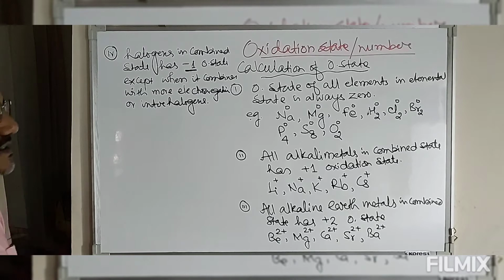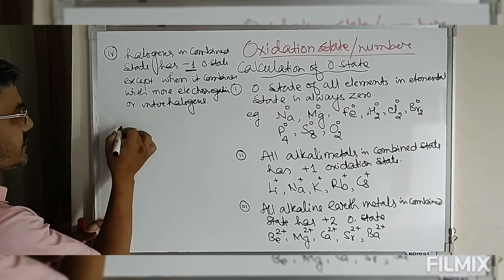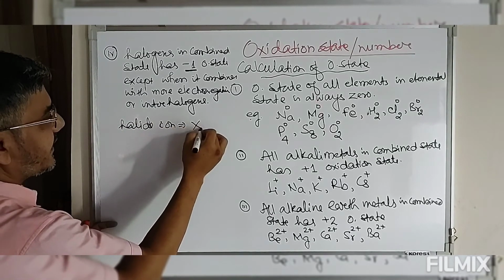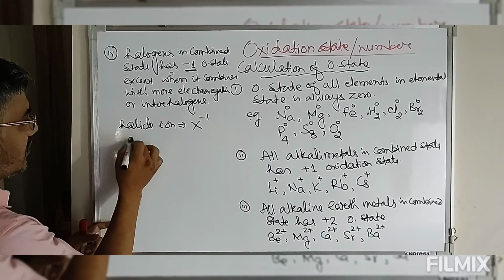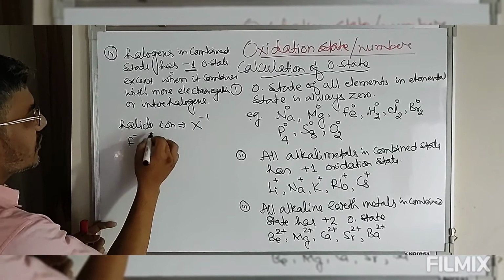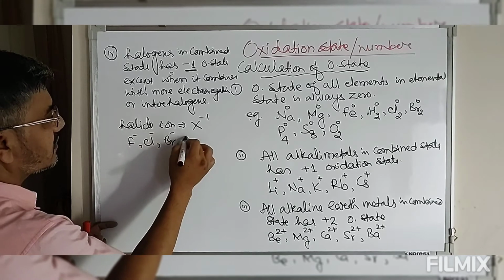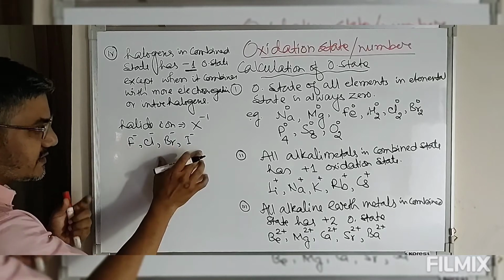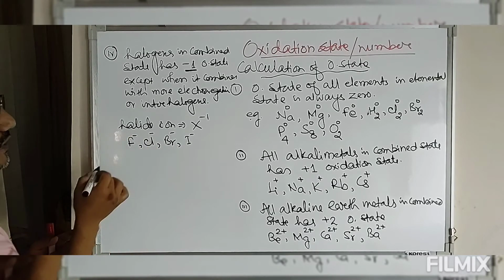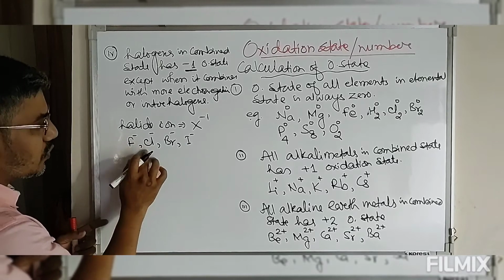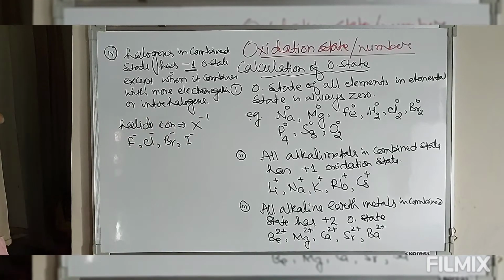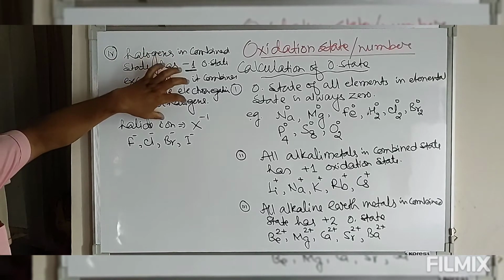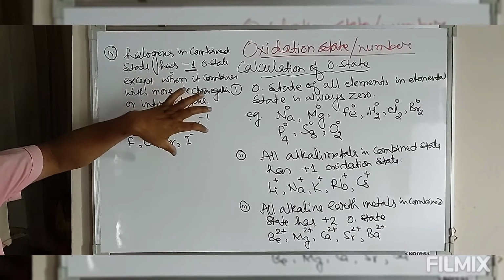So in all these halide ions, we have negative 1 oxidation state. We look at the halide ions, given as X minus: fluoride, chloride, bromide, iodide. These are the halide ions. Except for fluorine, chlorine, bromine and iodine, when they combine with more electronegative atoms or are in interhalogens, will show positive oxidation state.